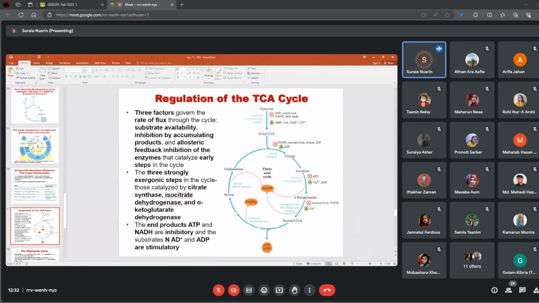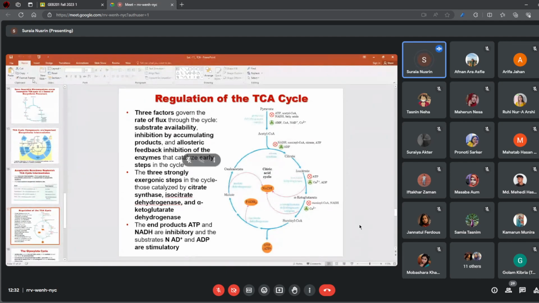So if you look at this, these enzymes are directly involved with the production of NADH. So if there is enough NADH, that will inhibit these enzymes. Or if there is less NADH, or many substrates, NAD plus and ADP are present, then these enzymes will do the reaction.